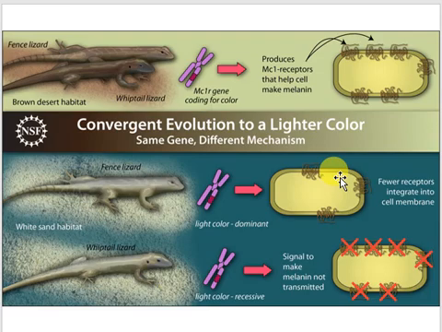Rather, it adversely affects their ability to transmit signals. So the signal used to actually make melanin is not transmitted, and that allows for the production of a white lizard.